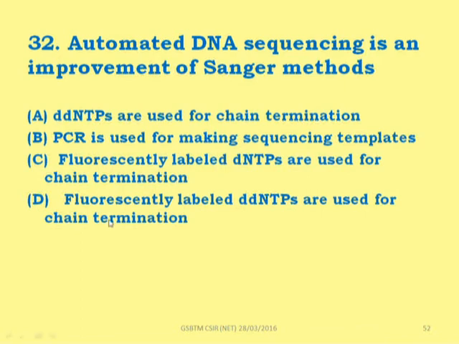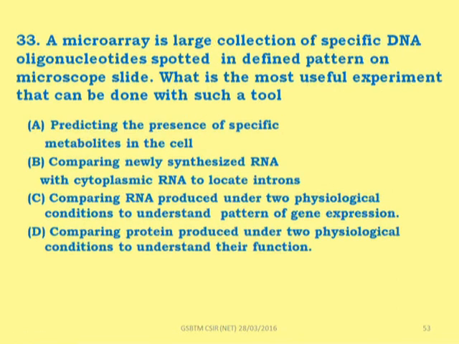The improvement is fluorescent labeled dNTPs. Fluorescently labeled dNTPs are used for chain termination. This is the right one. Next one, a microarray. This microarray can be used for comparing RNA produced under two physiological conditions to understand the pattern of gene expression.